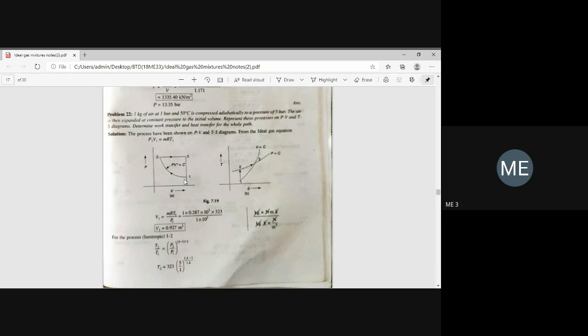Start from point 1 on the PV diagram, and you have to take the compression in the reverse direction. Then the air is expanded at constant pressure. That's why, starting from point 2, it is the expansion process, so you take it in the forward direction, and it is constant pressure. You have to draw a horizontal straight line.